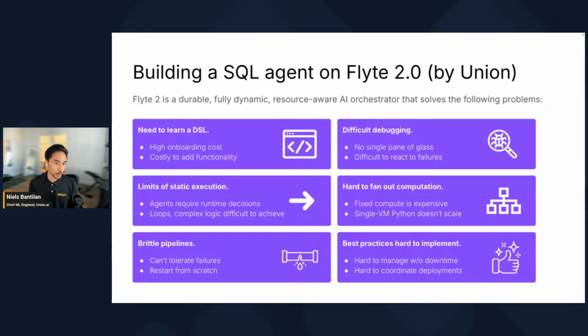It's also difficult debugging things in production. So you have something running in production, and you can't exactly reproduce it locally because of some specific setup in your production system. And Flyte allows you to sort of beam into the production compute infrastructure that is actually running these agents. The fifth problem is fanning out computation.